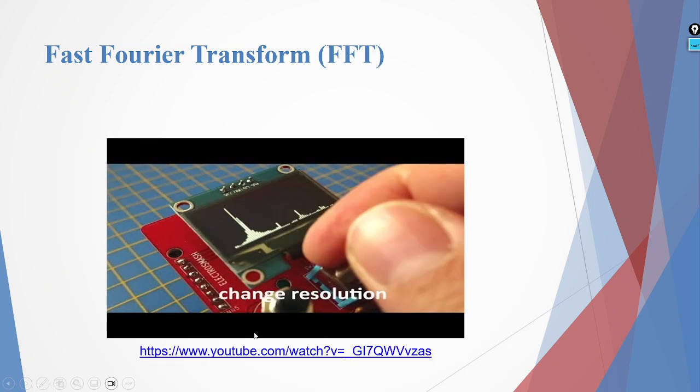Now, finally, the very short video of the signal processing, where this is so fast enough that you can run it in this small microprocessor, microcontroller. I'm not sure exactly what they use.